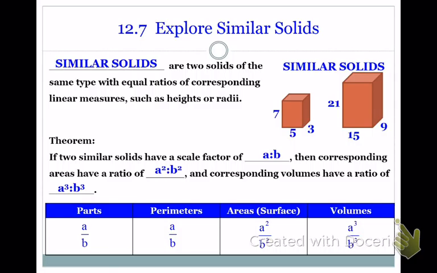So in this case, since the side length ratio was 1 to 3, the area is going to be this squared, 1 over 9, and the volume is this cubed. So 1 cubed is 1, 3 cubed is 27, 1 over 27. I know the different ratios.